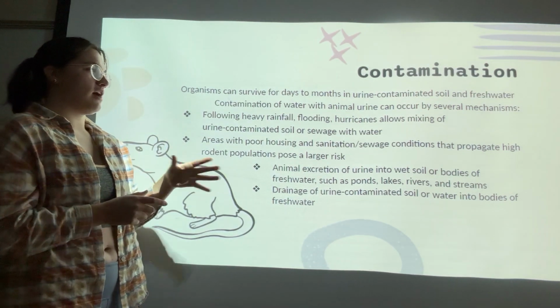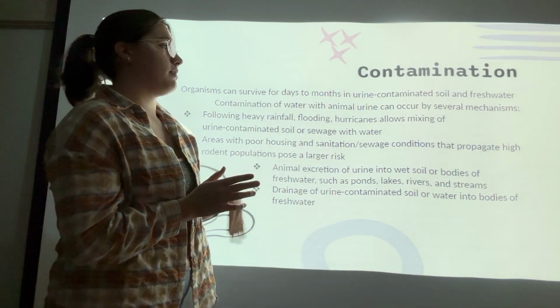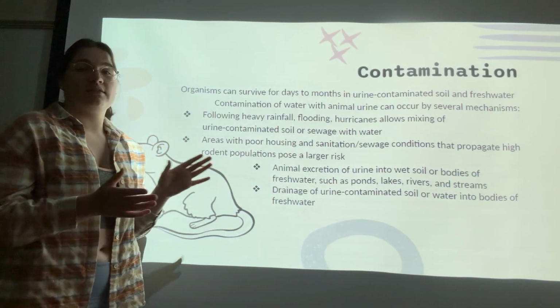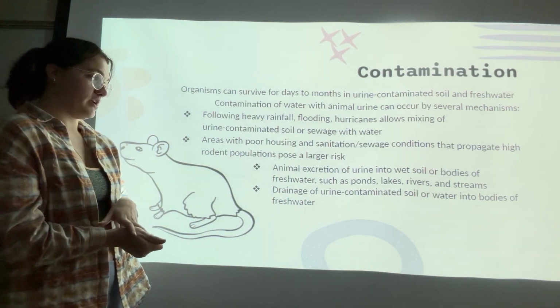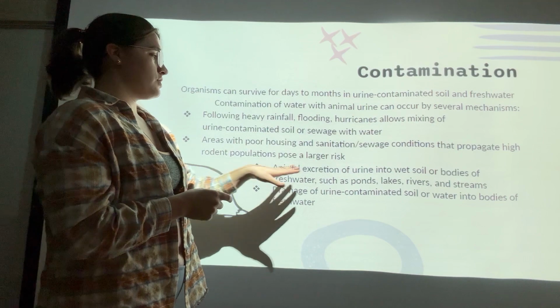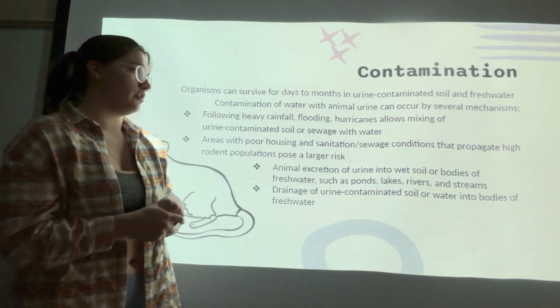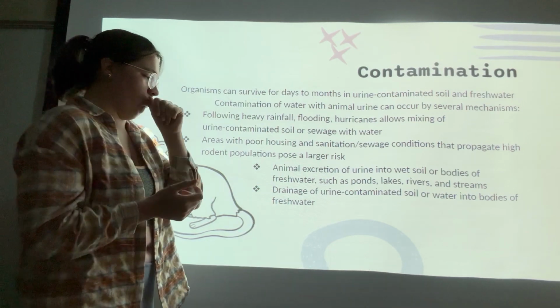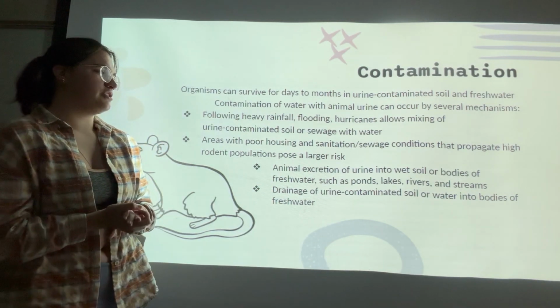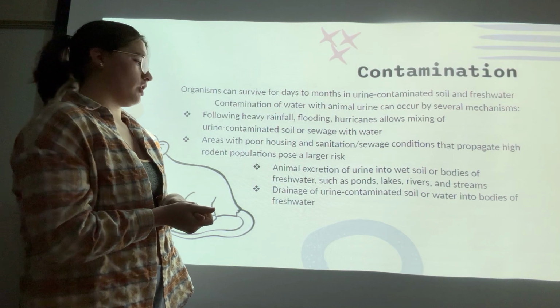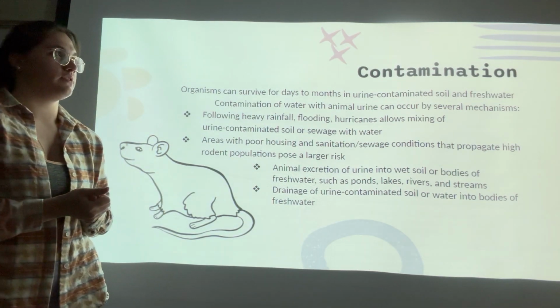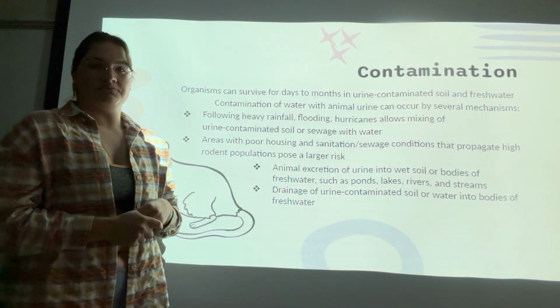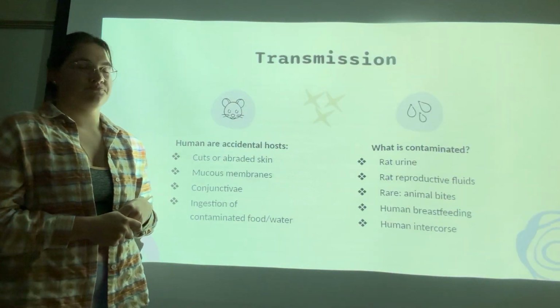And areas with poor housing and sanitation sewage conditions that propagate high rodent populations definitely pose a larger risk. And animals' excretion of urine into wet soil or bodies of fresh water, such as ponds, lakes, rivers, streams, and drainage of urine-contaminated soil or water into bodies of fresh water would definitely cause contamination.